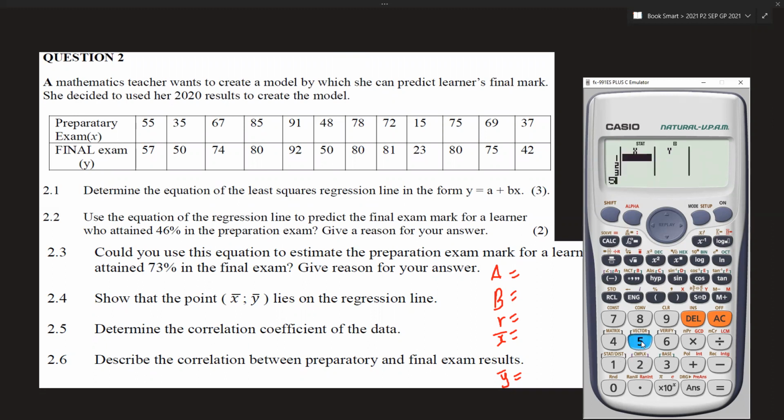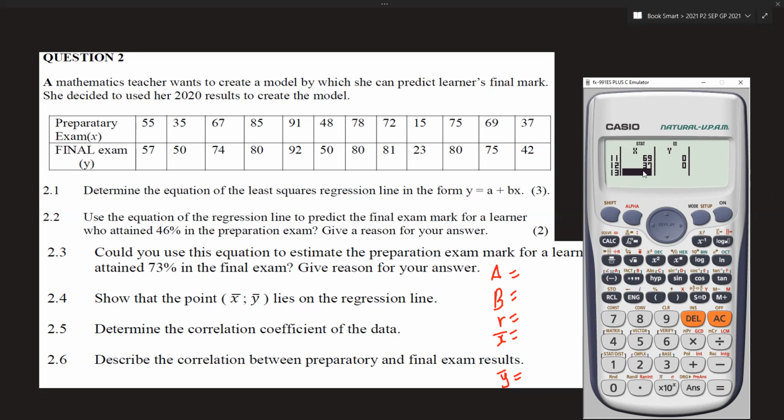And then you're going to input all your X values: 55, 35, 80, 67, 67, 85, 91, 48, 78, 72, 15, 75, 69, 37.